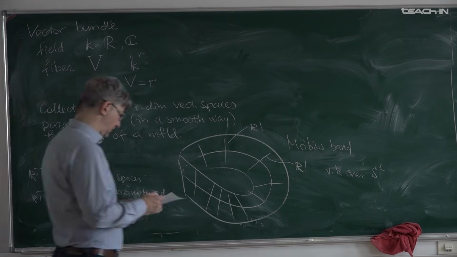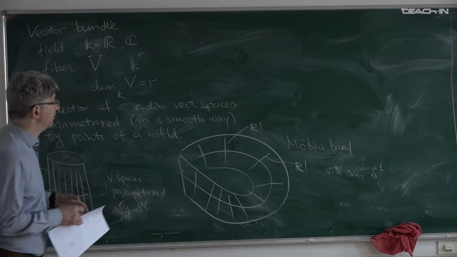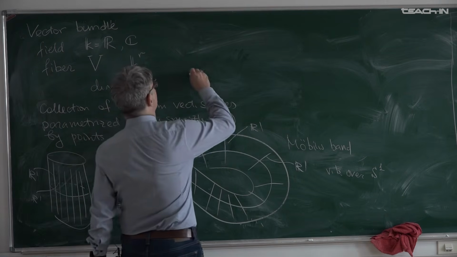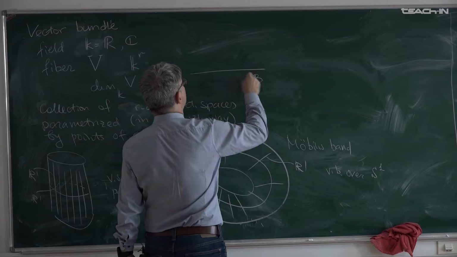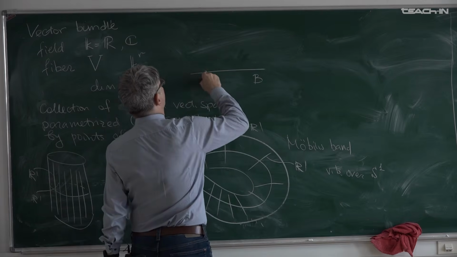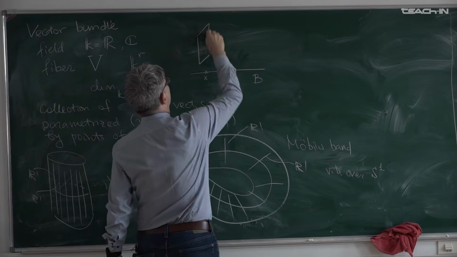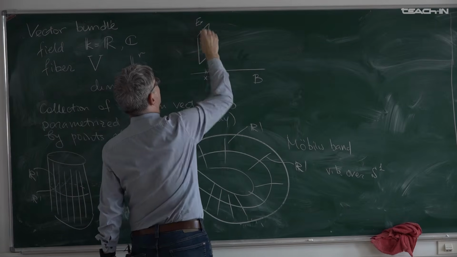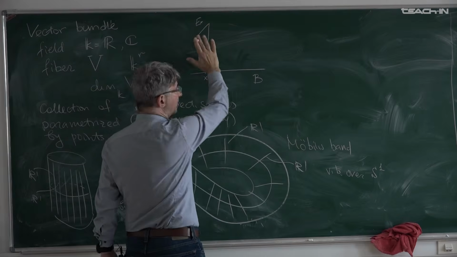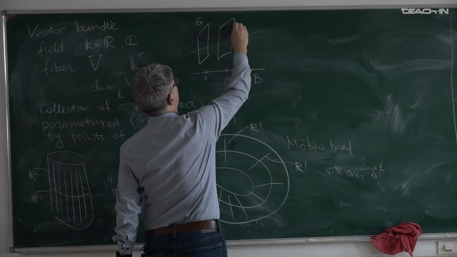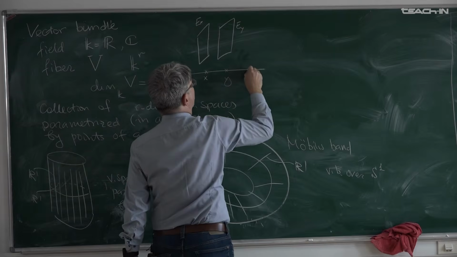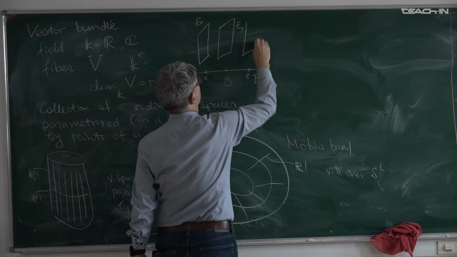Okay. So you don't need to think it's one-dimensional. I can draw you another picture. So for example, this is a parameterizing space B, and for each point x you have a specific fiber EX. You can think that it's a plane, another plane, yet another plane.